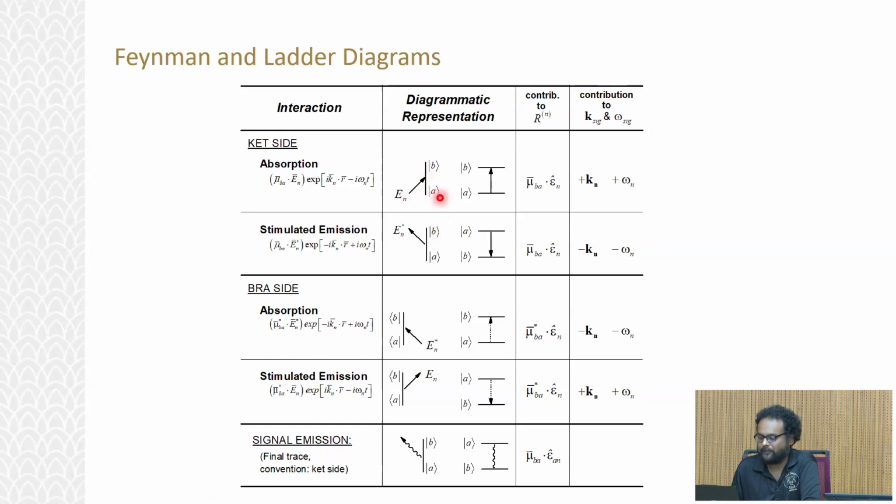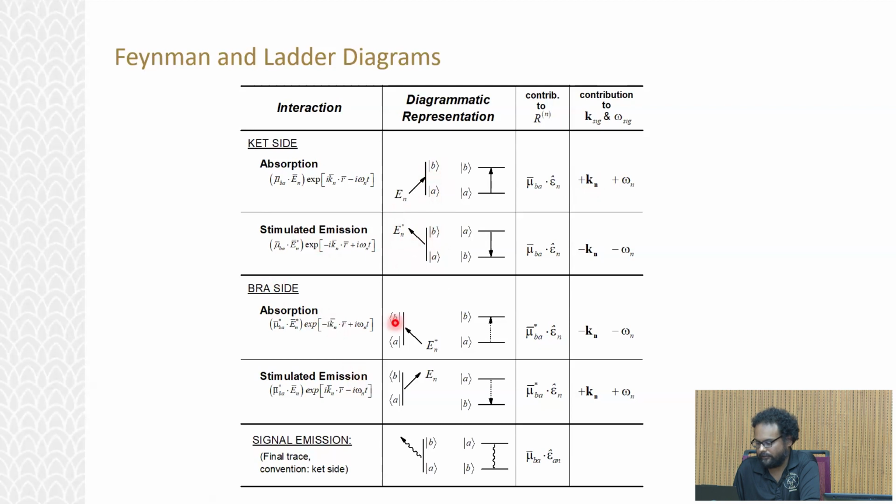So if I have an absorption, of course you will raise the ket. We'll come back to this later. If you have stimulated emission, the field will be a complex conjugate of the previous field. We'll show that too, and then you will lower.